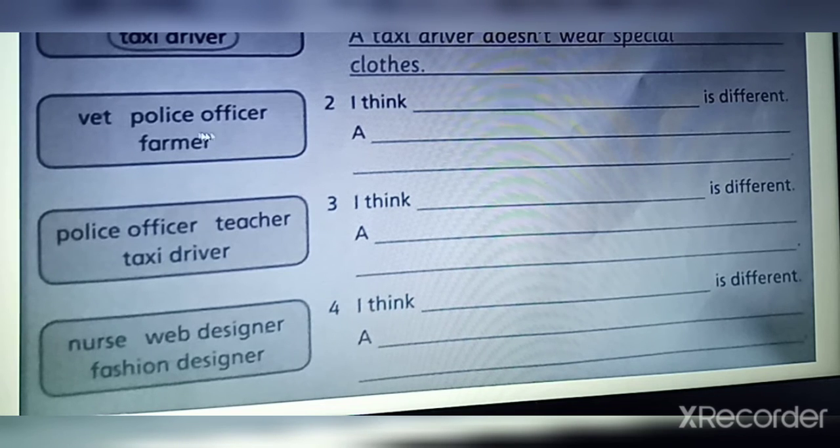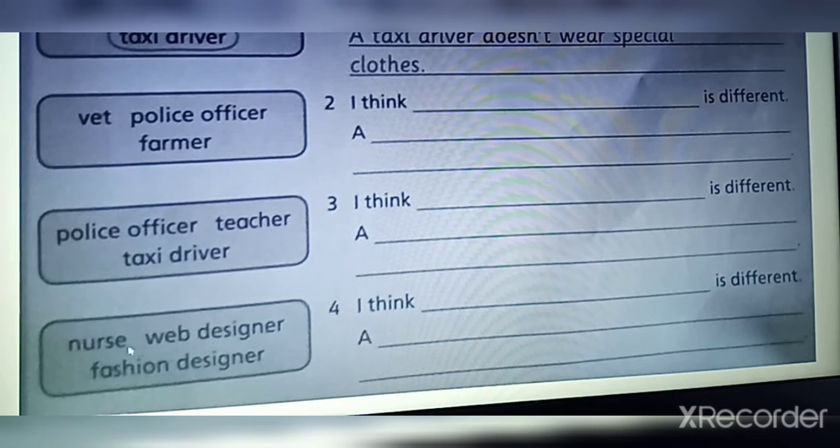In number 2, you choose between vet, police officer, or farmer. Police officer, teacher, taxi driver. Taxi driver is already used in number 1, so you can choose teacher. Number 4, nurse, web designer, fashion designer. Choose only one.